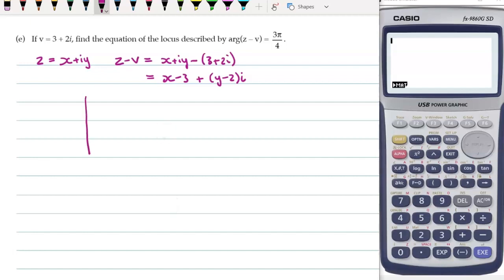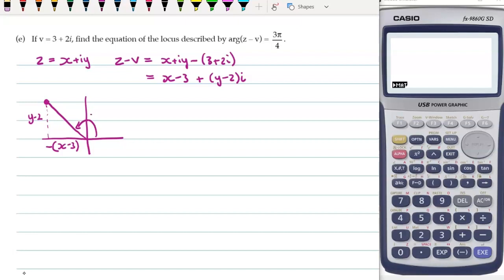The argument of this thing places it over here with an argument of 3 pi by 4. Now that is at a position of x minus 3, y minus 2. But the x minus 3 is on the negative portion of that axis.